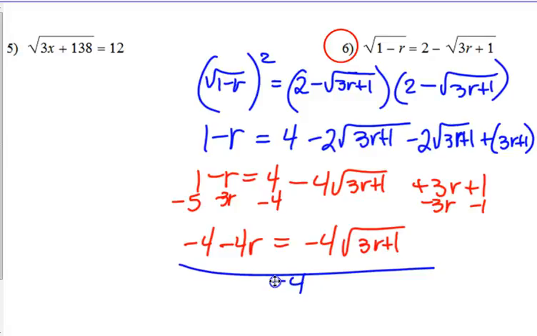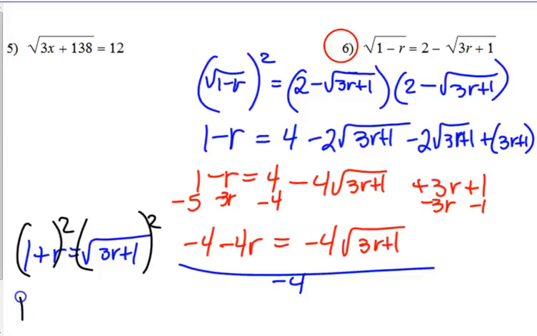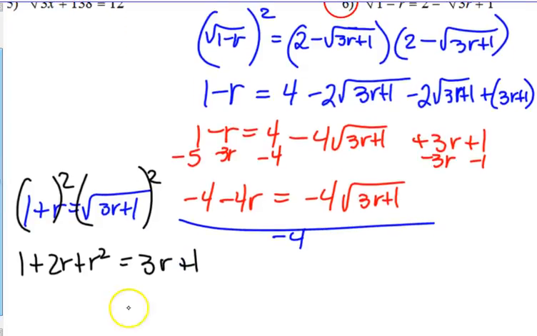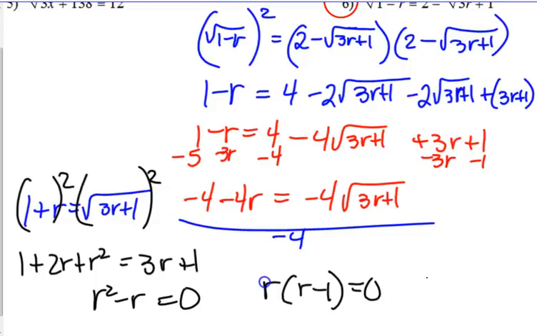Divide everything by negative 4. So I get 1 plus r equals the square root of 3r plus 1. Now I have to, once again, square both sides. The left side will be 1 plus 2r plus r squared. The right side is 3r plus 1. I have r squared minus r equals 0. So I get r equals 0 or 1.